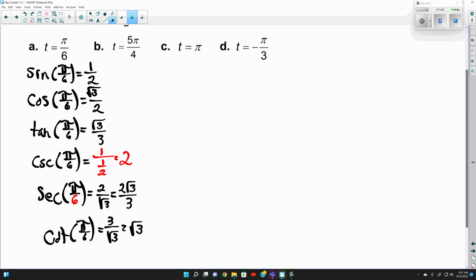CSC has a whole bunch of C's, but it doesn't connect with cosine, it actually connects with sine. SEC starts with an S, but it connects with cosine. They kind of got it flipped. I would have thought it would make more sense if secant connected with sine and CSC connected with cosine, but it doesn't. It's kind of flipped that way.